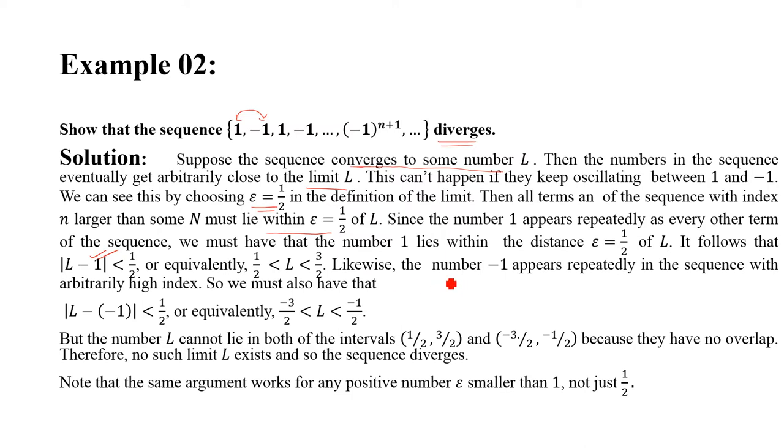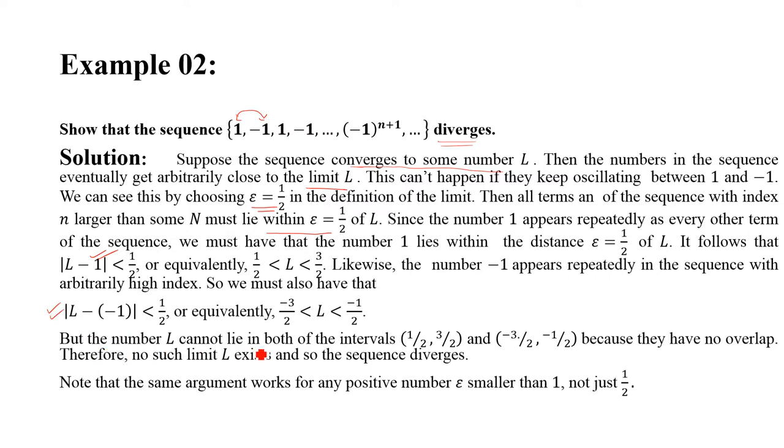Likewise, the number -1 appears repeatedly in the sequence with arbitrarily high index. So we must also think of this as the limit. In this case, |L - (-1)| should be less than 1 over 2, or equivalently we have this result, the solution of this inequality.